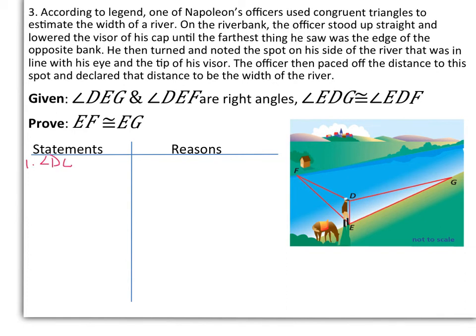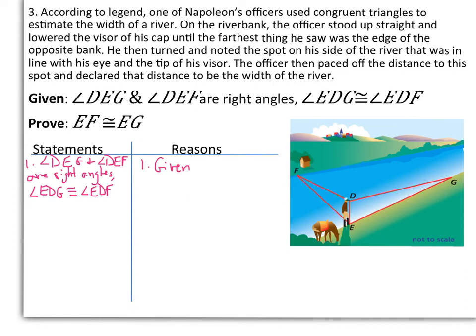So angle DEG and angle DEF are right angles. And angle EDG is congruent to angle EDF, and that's because these two things are given.